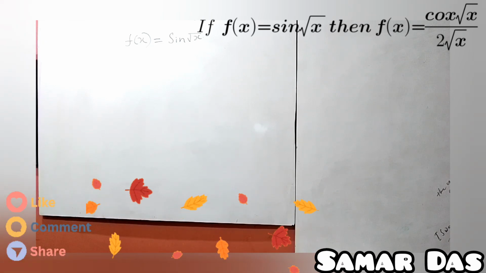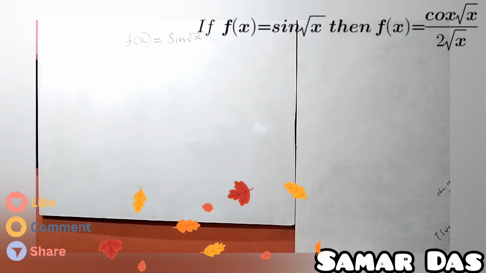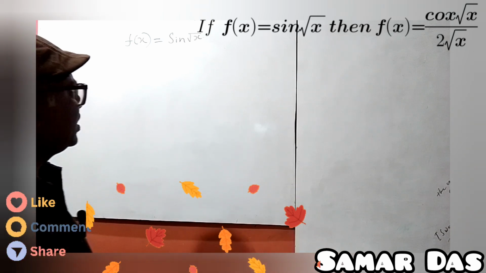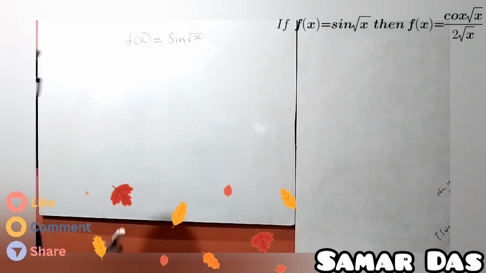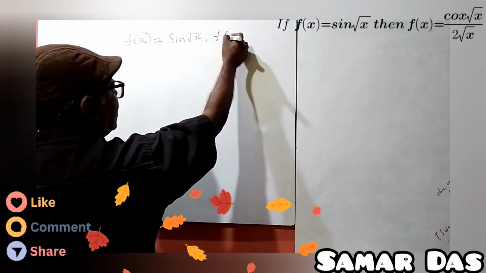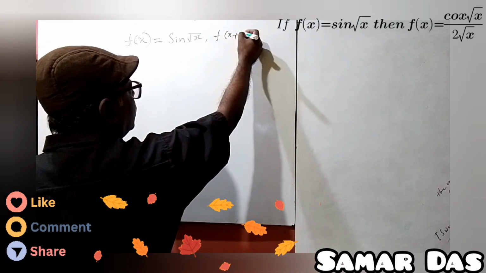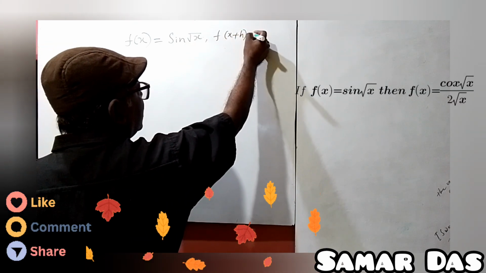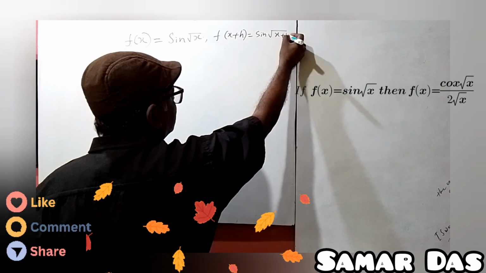Okay, the problem is f of x equal to root over sine x. Differentiate this with the help of first principle. Okay, now see, f of x is sine of root x, so f of x plus h is equal to sine of root over x plus h.